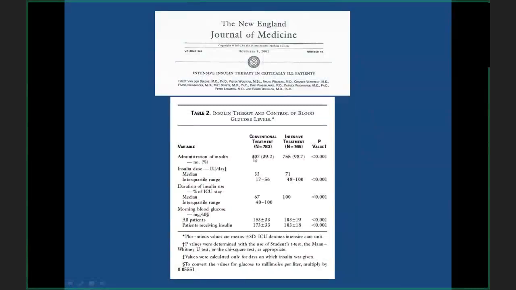There are two groups. One uses the conventional insulin dose, and the other uses a high insulin dose. The conventional treatment group keeps blood sugar at about 150. The intensive insulin treatment group can keep the blood sugar at about 100.